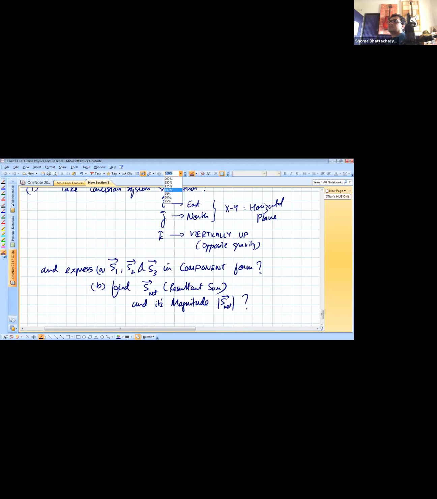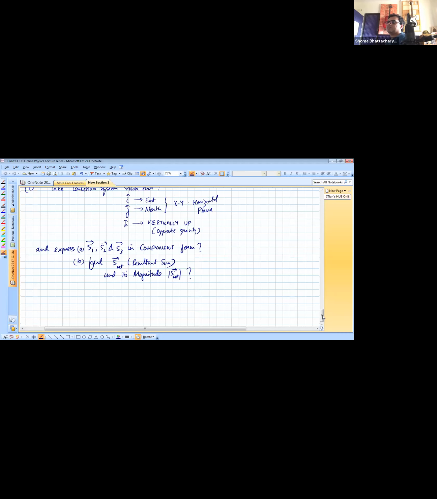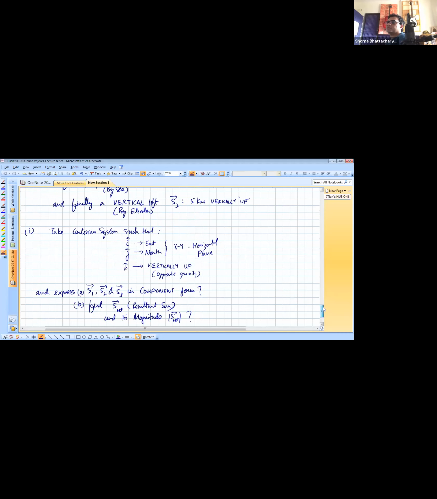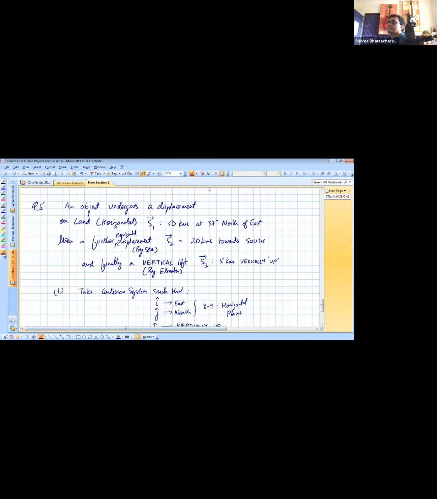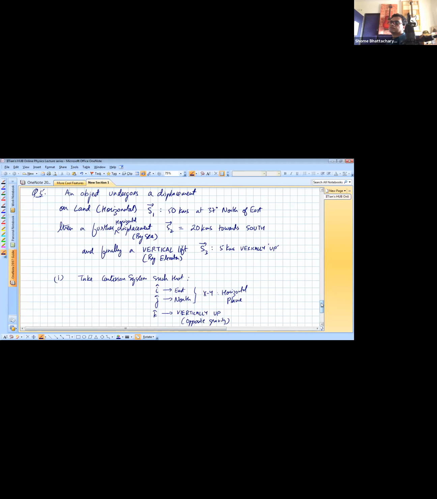Okay, so this is a question where you have to just visualize things a little carefully. Otherwise, it's pretty easy. Okay, so I will just give you some time to work this out. So start with the first part where you take the Cartesian system as I have explained over here and first express S1, S2 and S3 in component form.